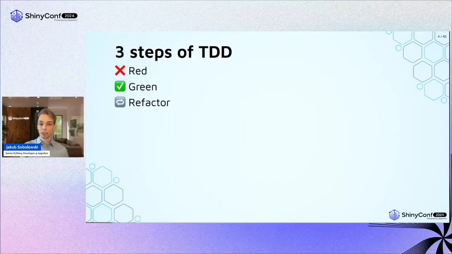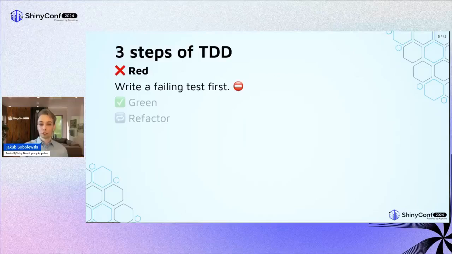There are 3 steps in TDD. Red, this is where we start by writing a failing test. It will fail because the code we want to test doesn't exist yet. And it will fail as long as we don't solve the problem we stated in the test.